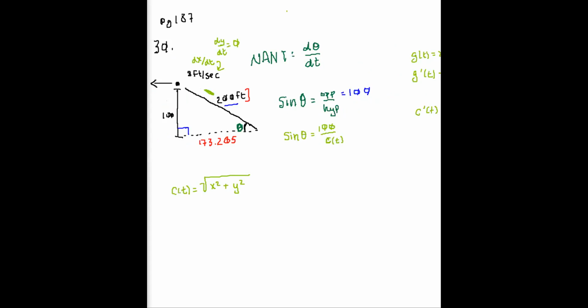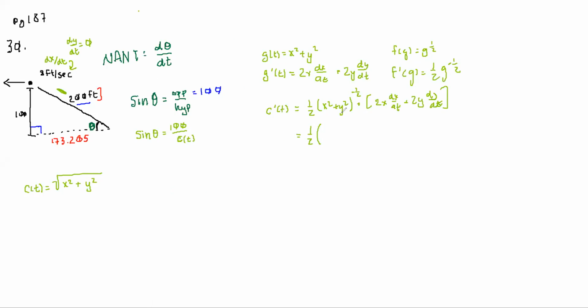Do I need to do this? I do not, because we've already determined that x squared plus y squared to the half is going to be 200. Right? Because this is 173 squared plus 100 squared.